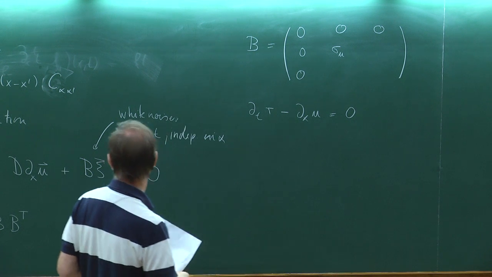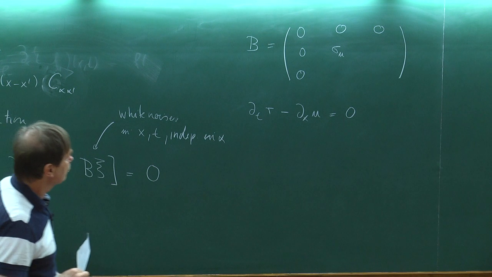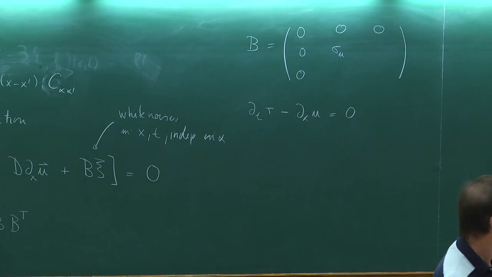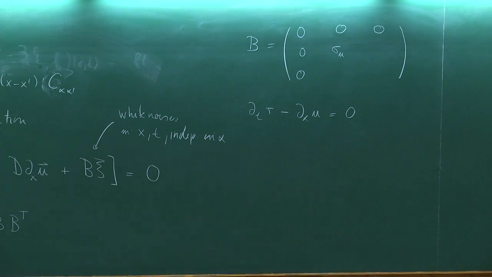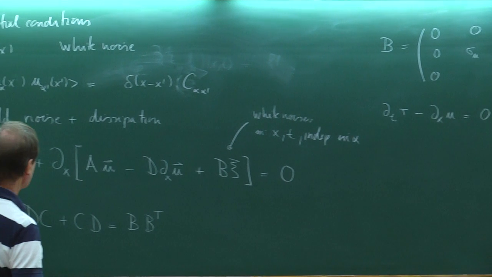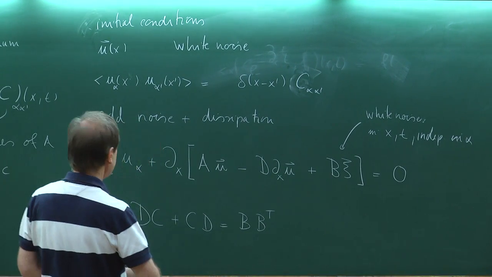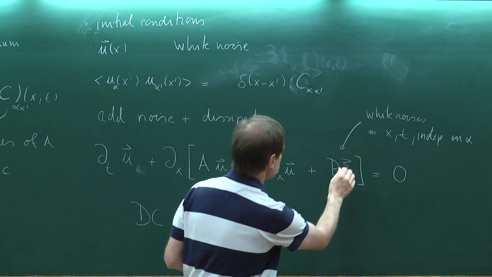That's the noise strength of the momentum current, T of u alpha. And then there's also a vector over here.